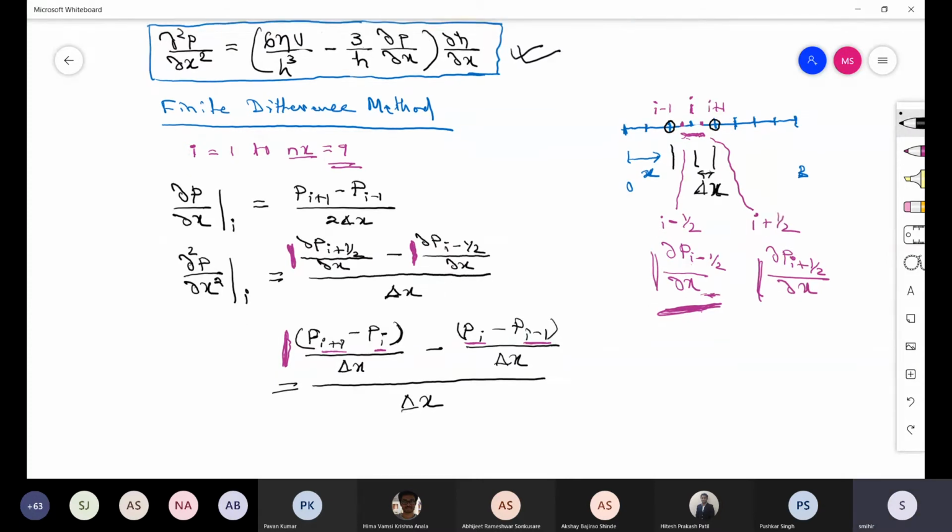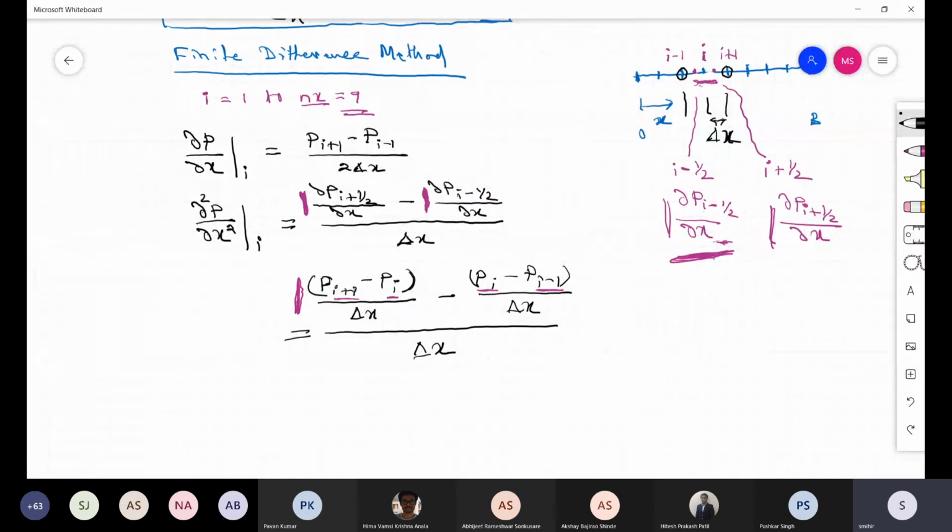So this way you get the double differentiation. Finally, the expression will become p I plus 1 minus 2 p I plus p I minus 1, divided by delta x square. So this is the algebraic expression for double differentiation.